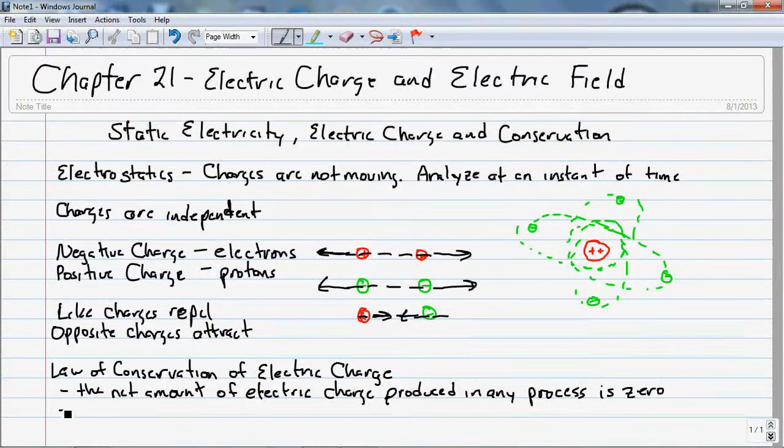And the other part of it is that no net electric charge can be created or destroyed.